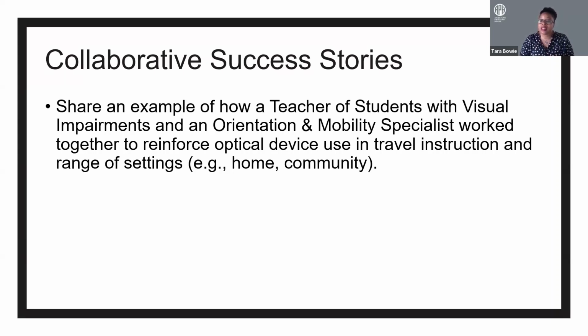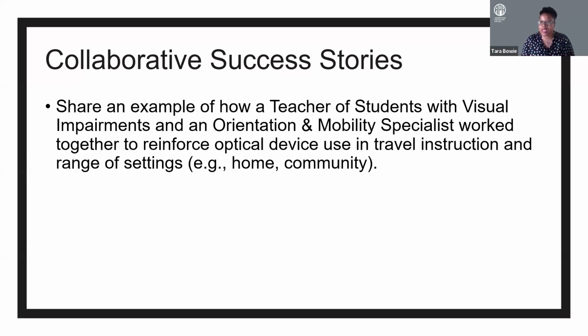If they were working on something that had to do with travel at the time, or something with history class, we would use the monocular telescope when we were out traveling within the community. So we would take each other's goals and objectives and see which ways we would be able to share them. But not only with the TVI, also with our PTs and our OTs and SLPs.